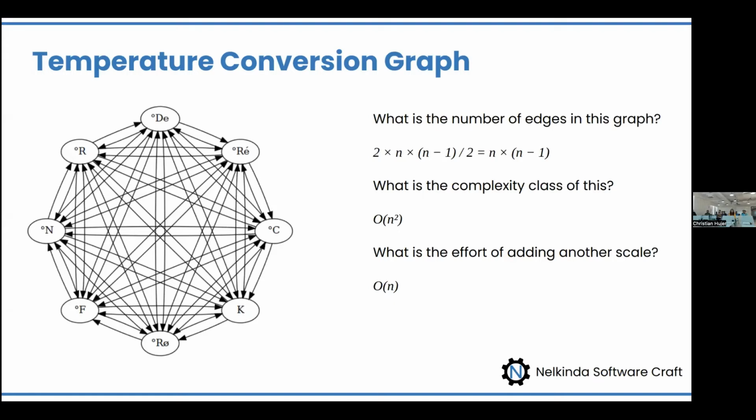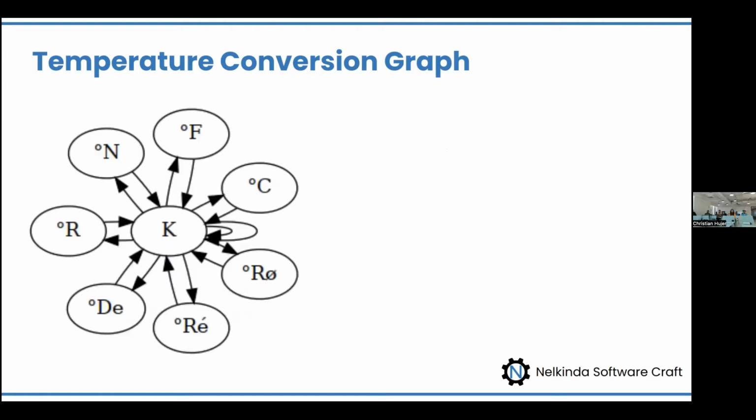But we want fewer edges. That means we will no longer travel directly from every node to every other node, but we will travel through one other node. We will change the shape of the graph from a fully meshed graph into a star.